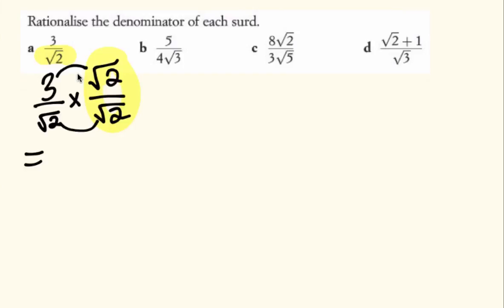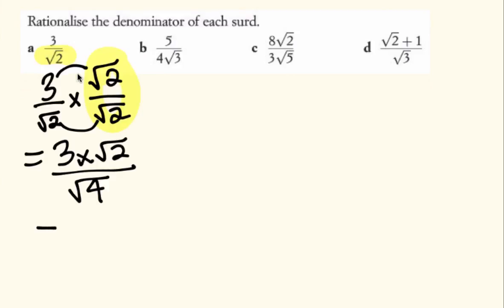So multiplying across, as we do with fractions, multiply the top together, then multiply the bottom together. 3 times root 2 all over. Now, square root 2 times square root 2 is square root of 4. And once you do a few of these, you become a lot quicker and you can say straight away, that's going to be 2.